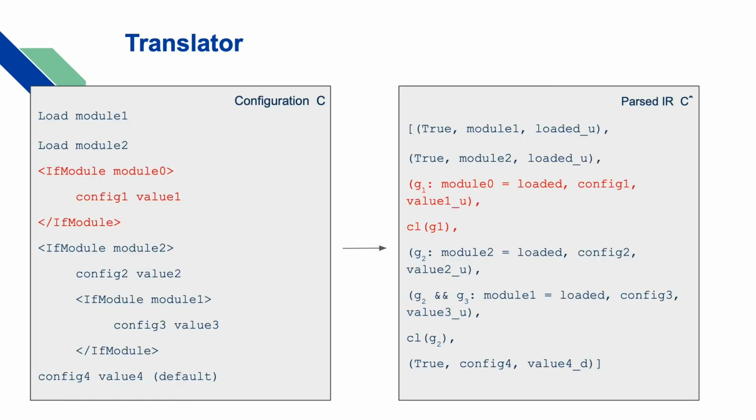Let me show you a concrete example for you to better understand this translator. For example, the left part is the user's configuration C, and the right part is our parsed IR. From the example, these 3 lines of red code, which the user specified in the configuration C, will be parsed into those two tuples in our parsed IR.